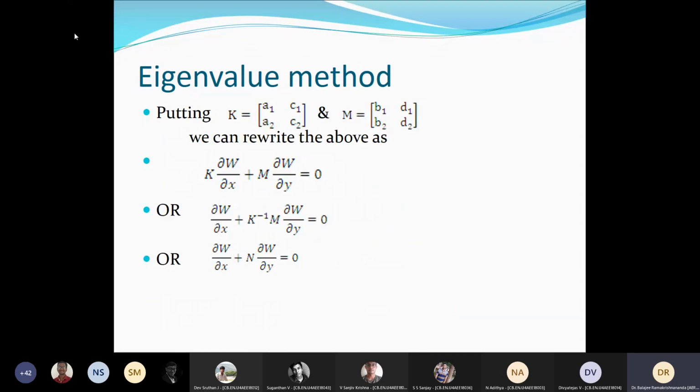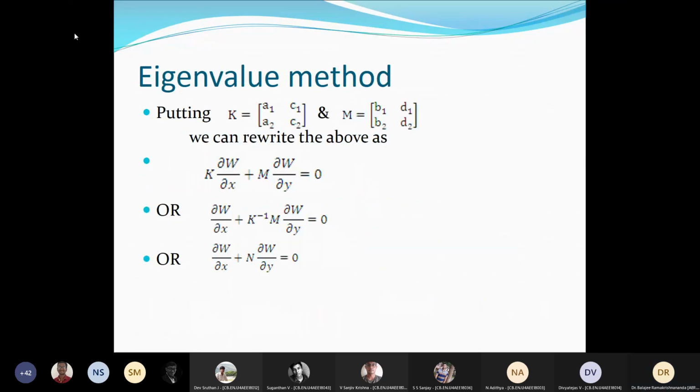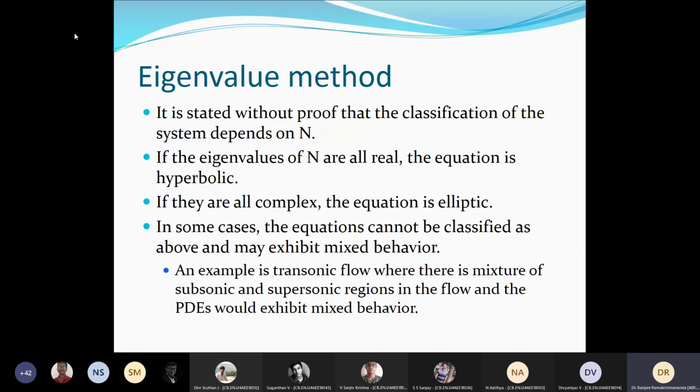I'm just giving this to you for a flavor. Now we can rewrite the above as K dou W by dou X plus M dou W by dou Y is 0. So pre-multiply by K inverse, you get dou W by dou X plus K inverse M times dou W by dou Y is 0. You call K inverse M as a matrix N. Now without proof, we state that the classification of the system depends on N.